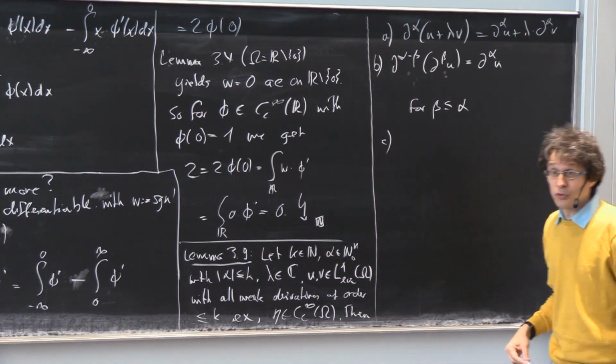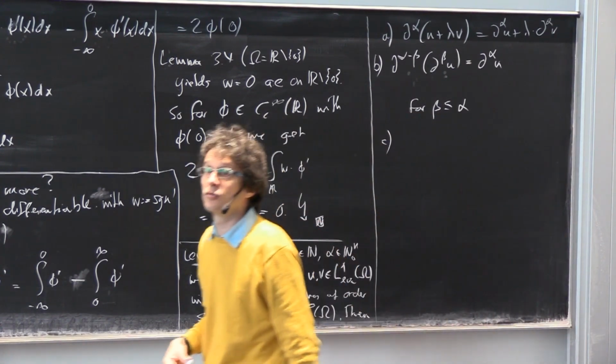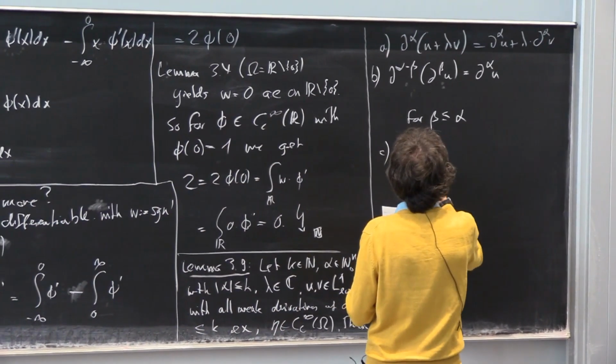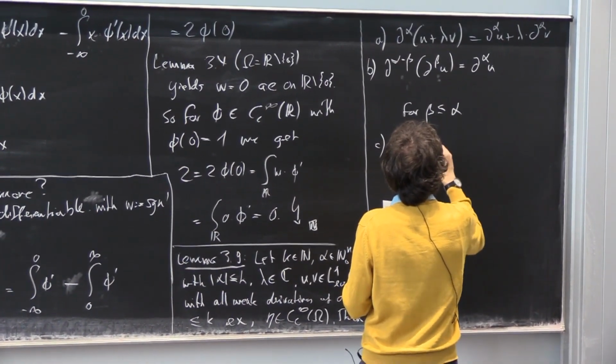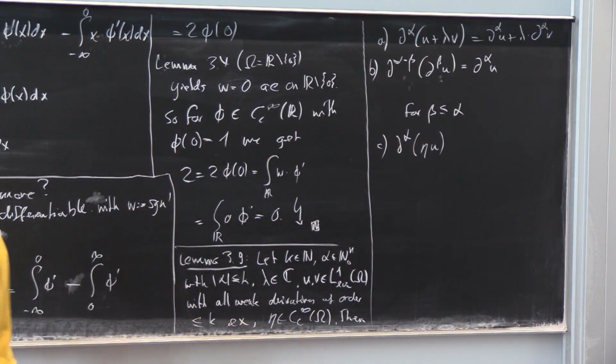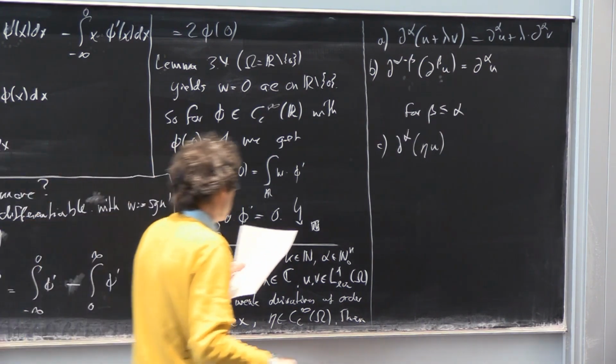Last thing, product rule, or more generally the Leibniz rule, also goes through, or at least it goes through if one of the products is nicely differentiable. So if you have the product eta u, with eta a C_c infinity function and u weakly differentiable, and you take a derivative, then you get the usual Leibniz rule.